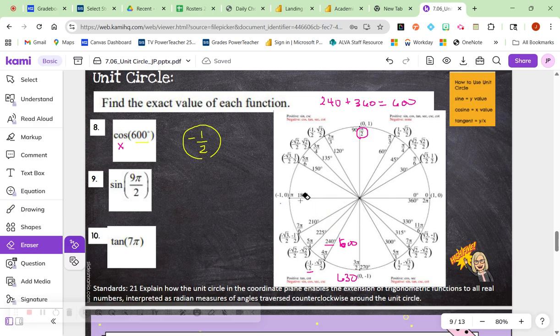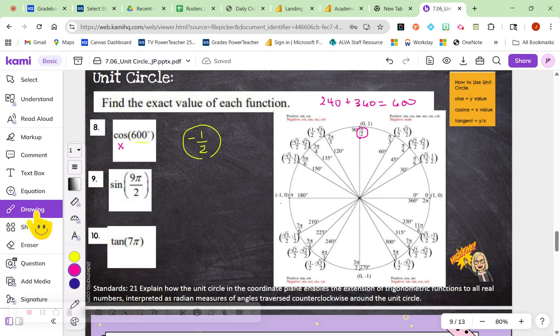But if we think about 9 pi over 2's, we could just count it. So this would be 1 pi over 2, 2 pi over 2, 3 pi over 2, 4 pi over 2, 5 pi over 2, 6 pi over 2, 7 pi over 2, 8 pi over 2, and 9 pi over 2.